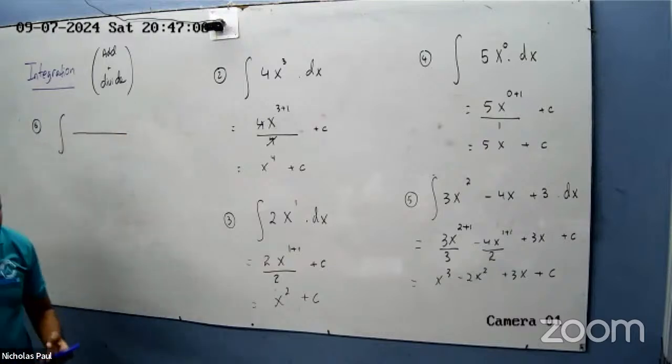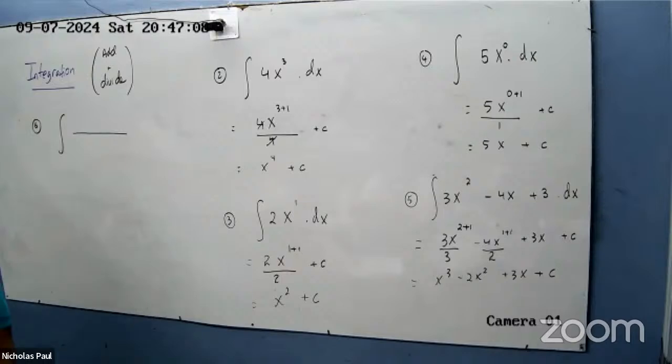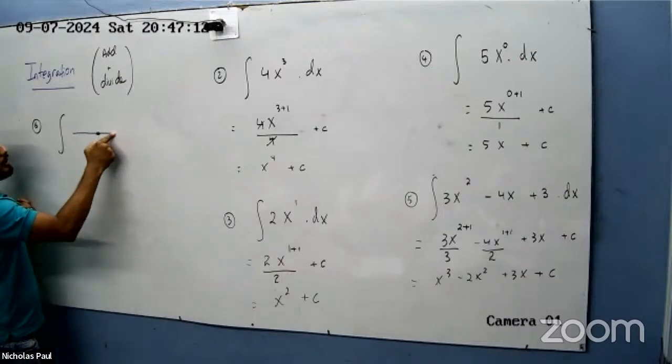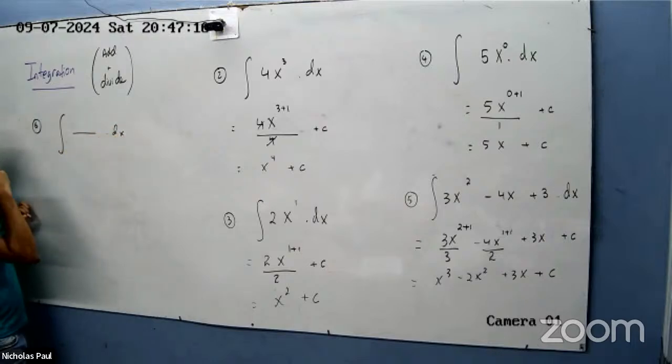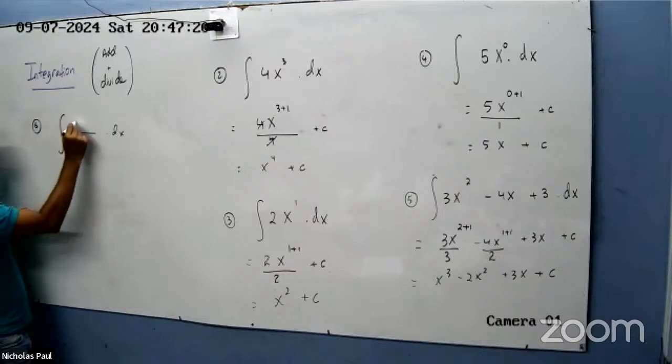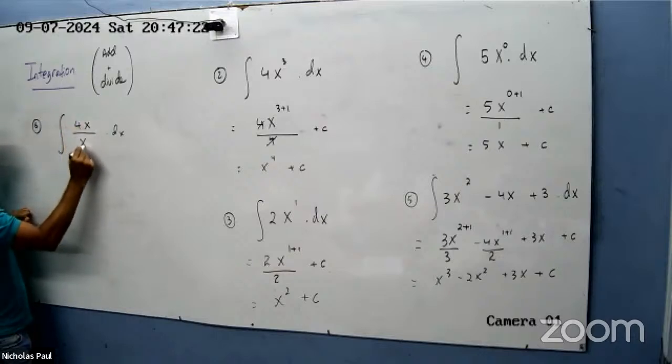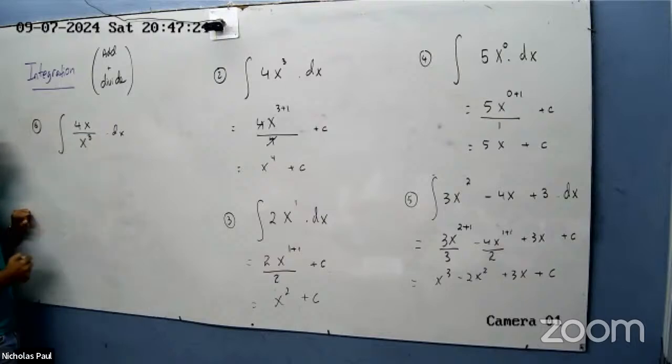All right, so of course it won't come this easy all the time, right? Sometimes it looks like this. There's no quotient rule for integration, right?